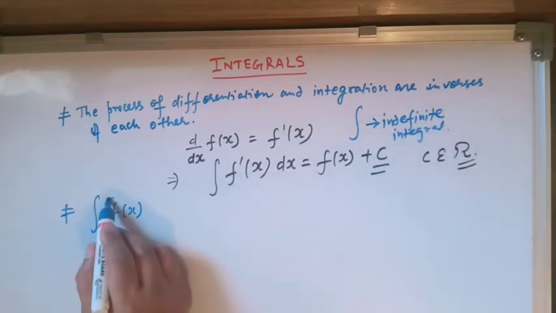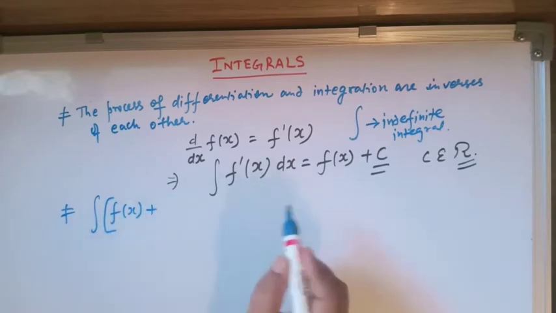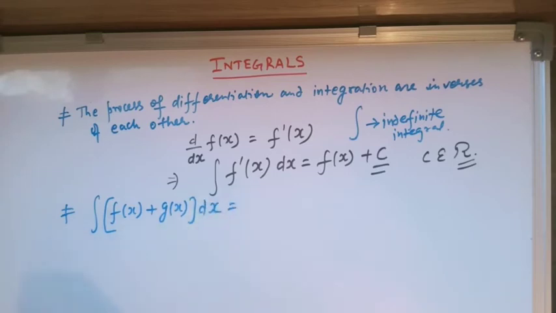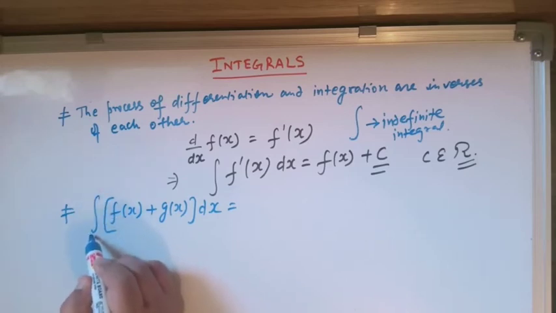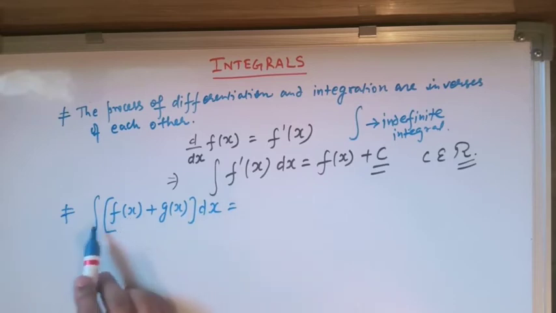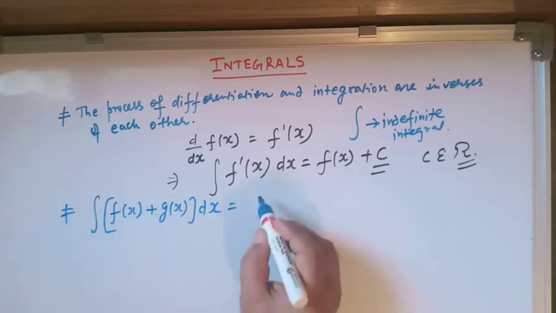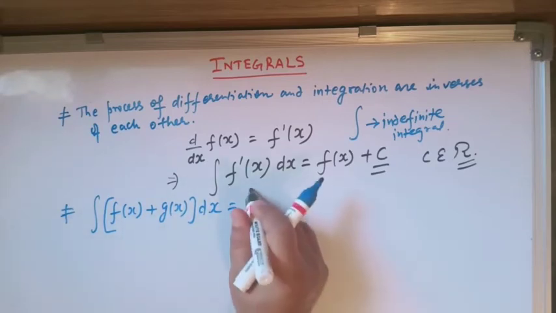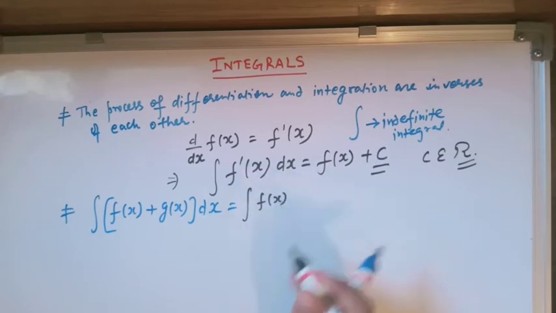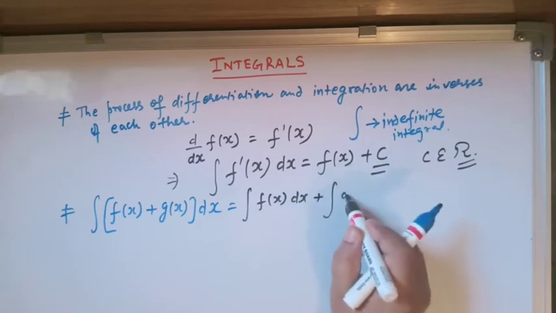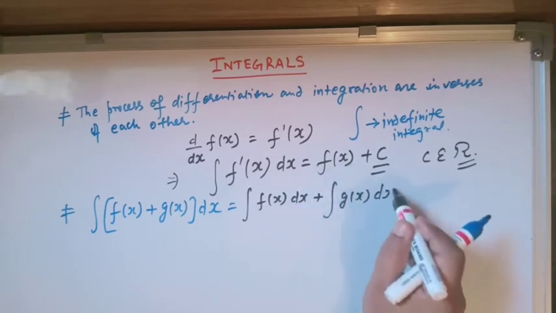And suppose we want to find the indefinite integral of a sum of two functions, then this indefinite integral will be distributed over these two functions. Clear? So we can write here the integral of f of x dx plus the integral of g of x dx. Clear?